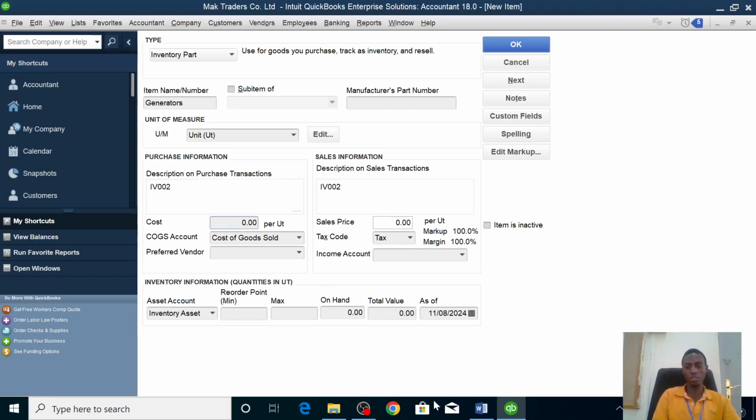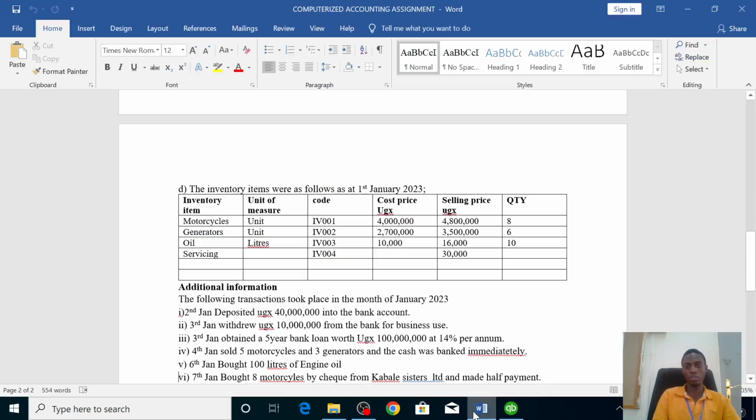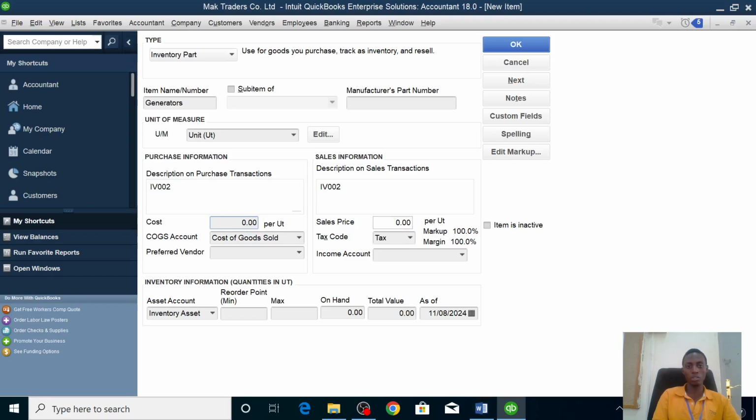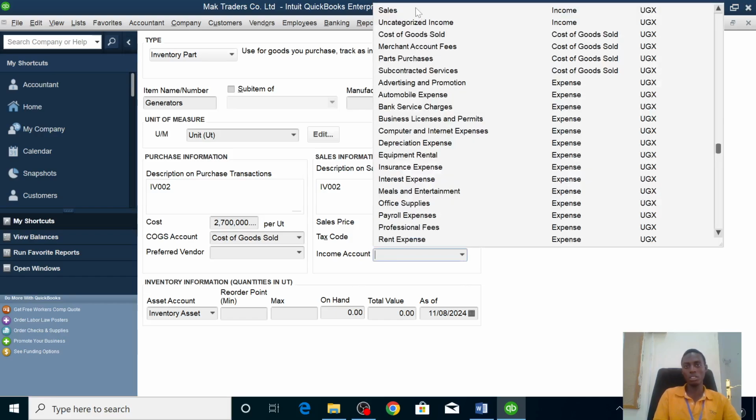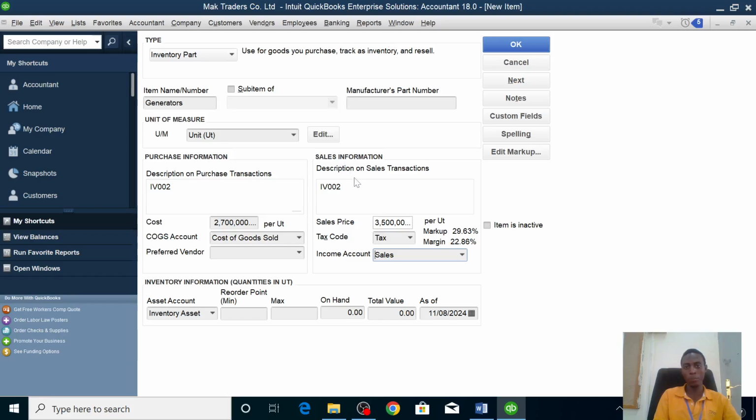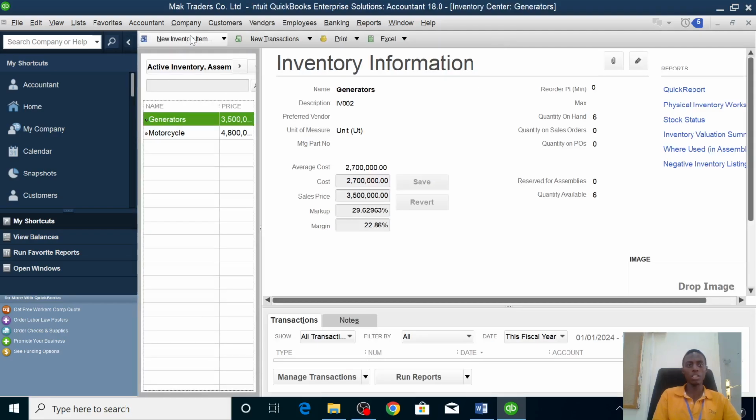Cost, they are buying them at 2,700,000 and selling at 3,500,000. Income account is sales. On hand, they are 6. Then I say okay.